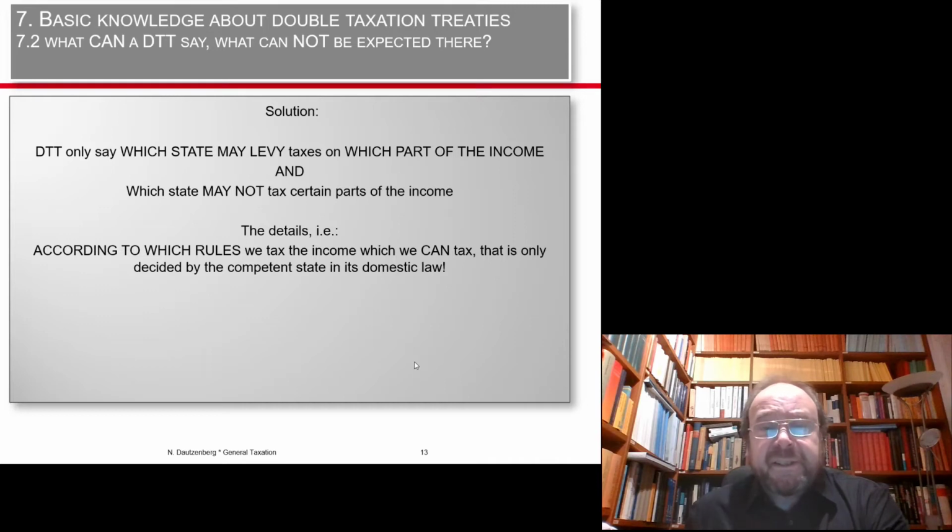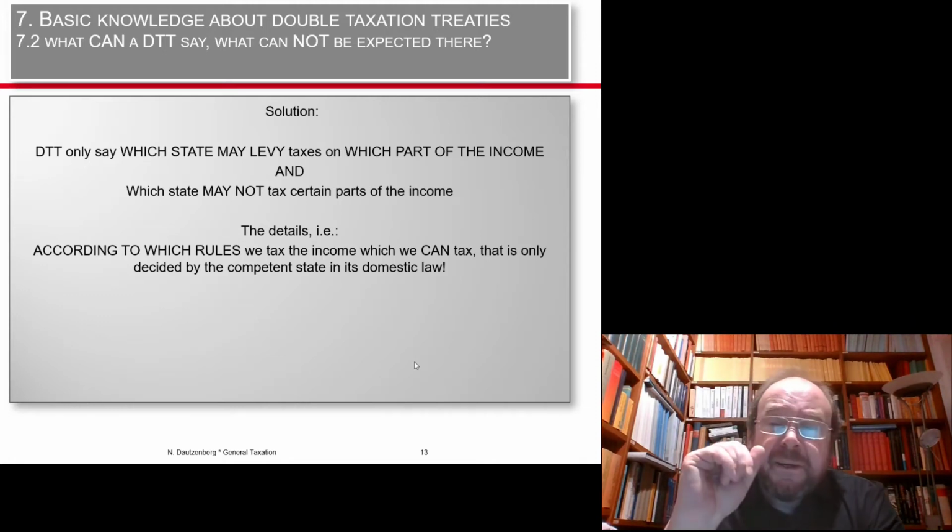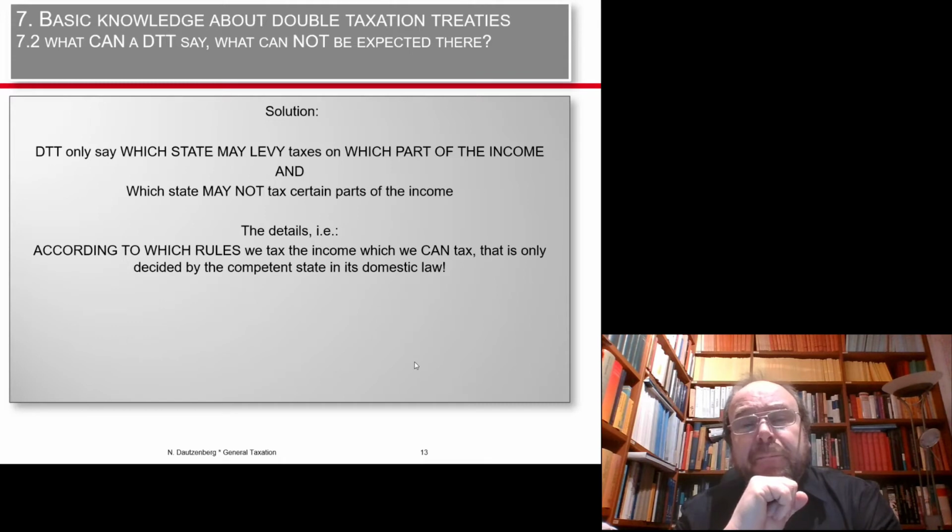And the advantage is there. Now, if you want to change, let's say, the corporation tax rate from 15 to 20%, you don't need to change all the double taxation treaties. Because you just change, let's say, on the 31st of December, the legal text of the German law, replace the 15 by a 20, and now from the beginning of the next year, all the treaties which say the income can be taxed in Germany directly refer to the new text without needing to be changed.